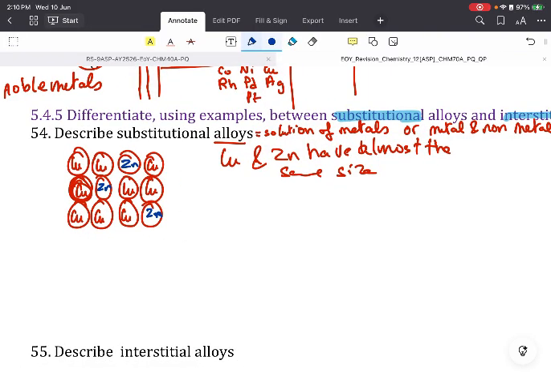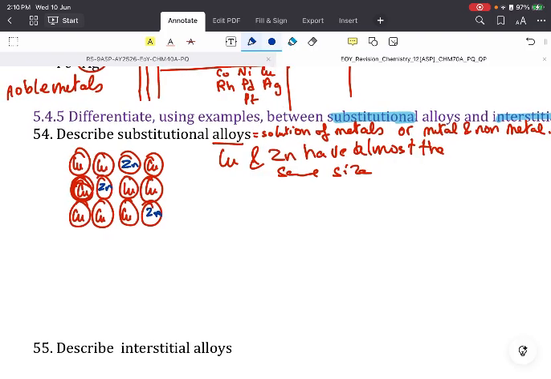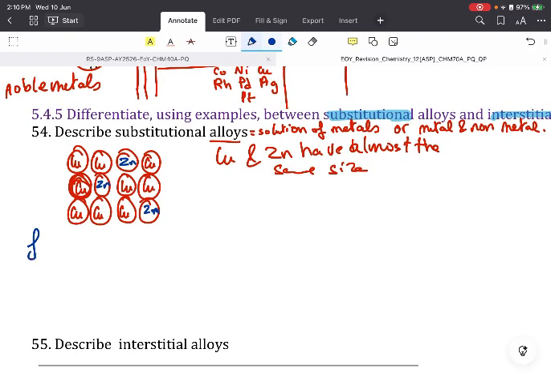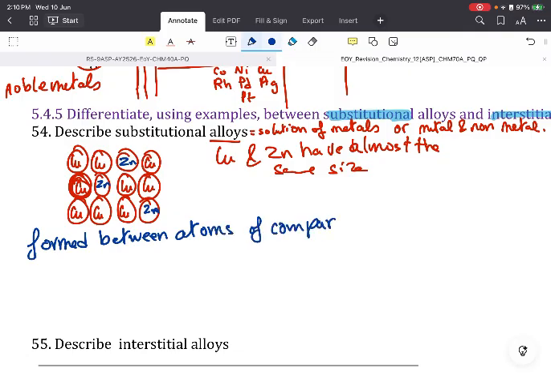So now I have an alloy, and this alloy specifically is called a substitutional alloy because it is formed between atoms of comparable radius or size.